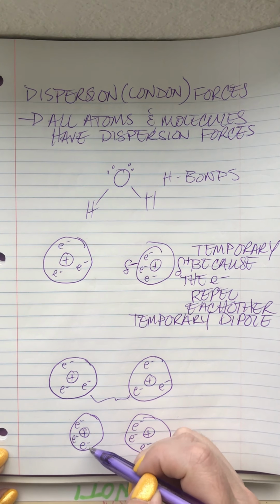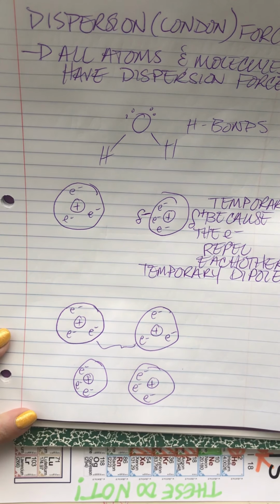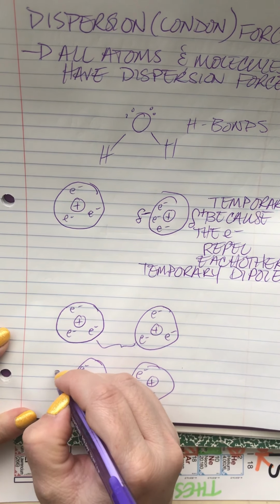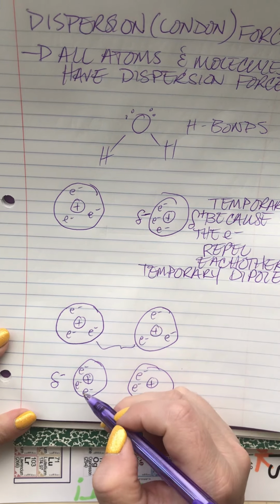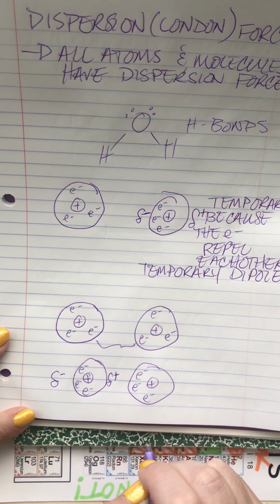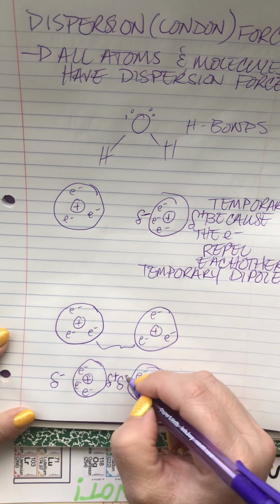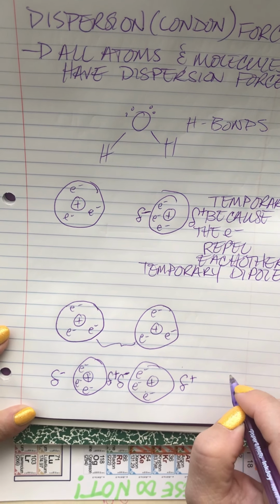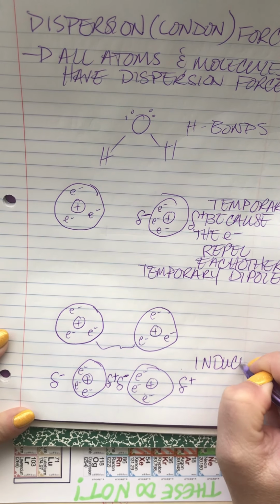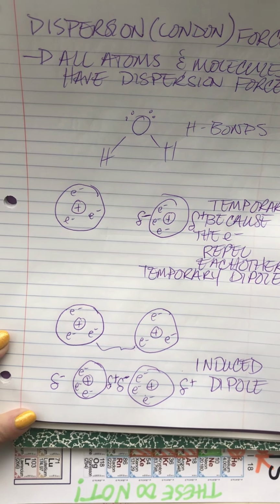And again, this is kind of bidirectional, so it's not only happening in one direction. But these electrons over here being repelled to one side sets up this partial negative on this side. As these guys are being repelled, now we're setting up a partial positive on the other side. That partial positive is attracting the electrons on the other side, setting up a partial negative, and then another partial positive, etc., right? This is called an induced dipole, right?